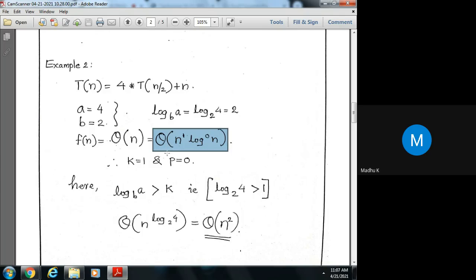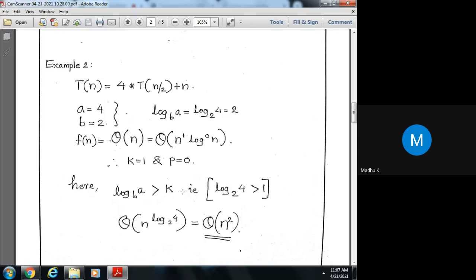From this equation we get k equal to 1 and p equal to 0. Then we compare log base b a to k, and after comparing we found log base b a is greater than k.